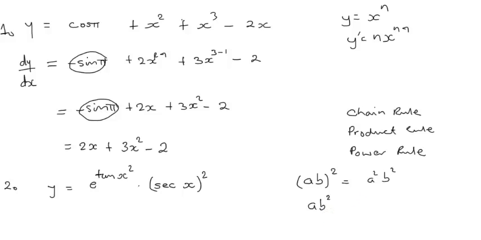Now, if I've got tan squared, you see this tan? This square is affecting tan. It's not affecting the x. But if I write now tan x squared, this square is just affecting x, not tan.